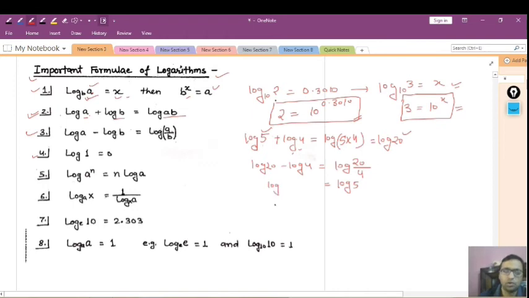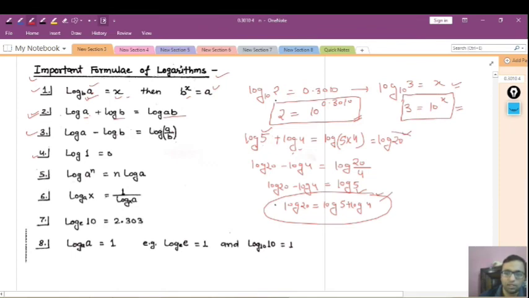So from here you can check that log 20 minus log 4 becomes log 5, or you can say that log 20 equals log 5 plus log 4. If you check the previous one, both results are the same. This verifies that the second and third properties of logarithms are both correct.